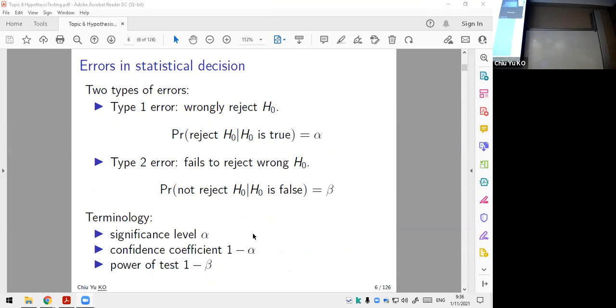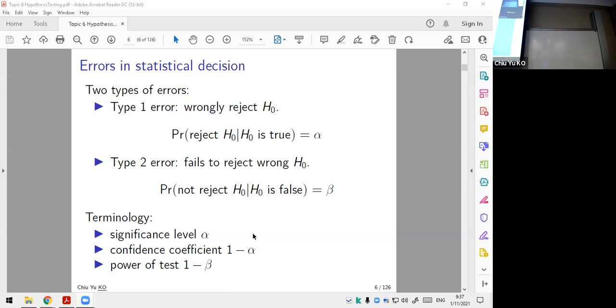And do note that for our purpose, alpha is decided by us, and beta is difficult to calculate, but it can be shown that for the best procedure, an increase in alpha will reduce beta, and reducing alpha will increase beta. They are moving in opposite directions. That means there's no free lunch, so if you want to reduce both, you need to increase your sample size.